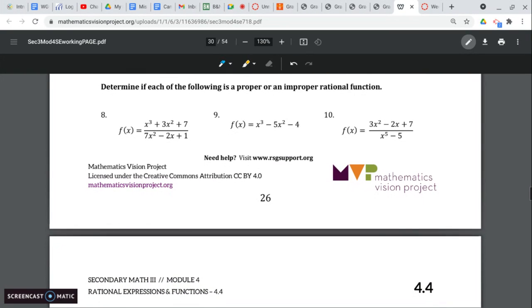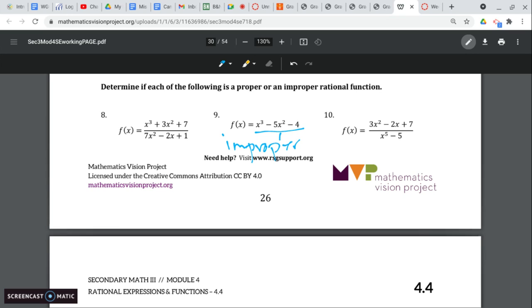All right, determine if each of the following is a proper or improper rational function. So improper means that the numerator is more than the denominator. Improper is your key word for this lesson. Basically, it means that the degree is higher.